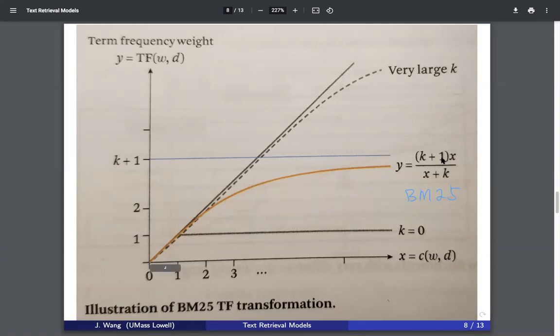So this TF looks like this. It moves away from the earlier one, which is log 1 plus x. So the gap here is bigger.